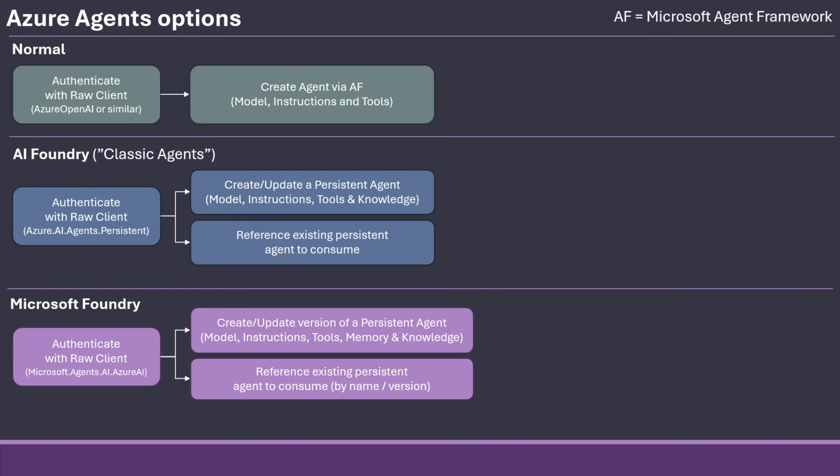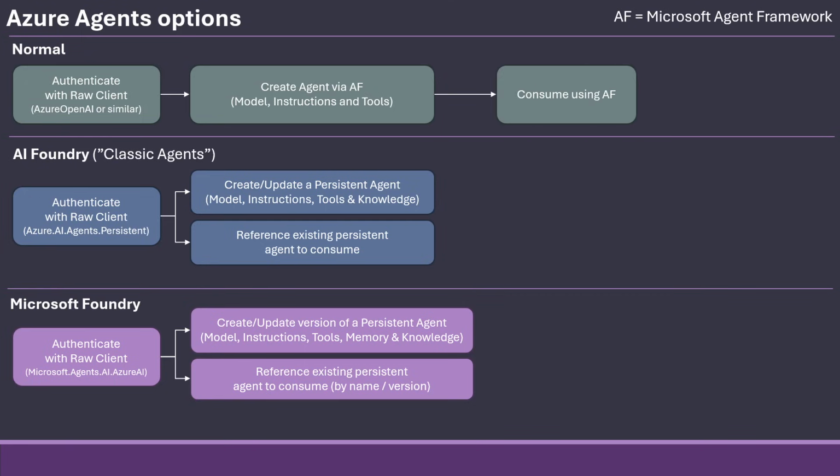A little like the provider context in Agent Framework. And then again, we reference them by the existing name, and up here it's by ID, down here it's by name, and it can also now work with versions, which I will get into in a bit. So on paper here, an even greater system than the AI Foundry.